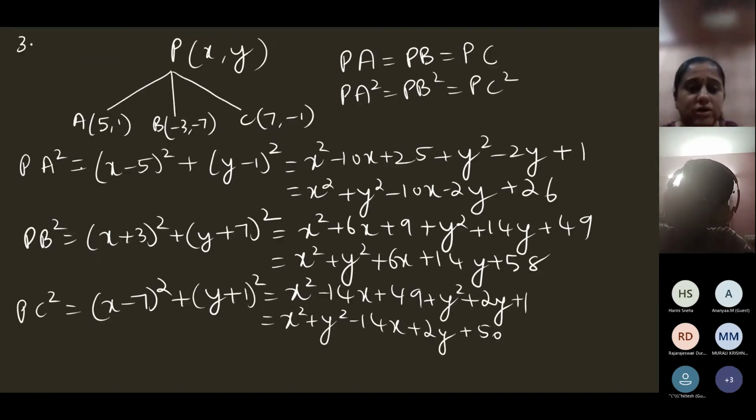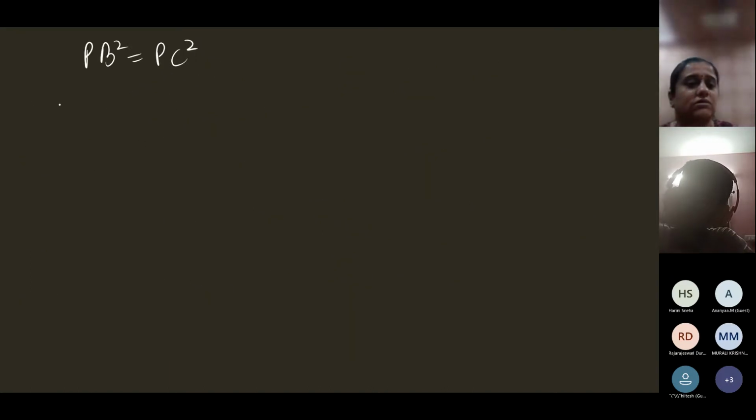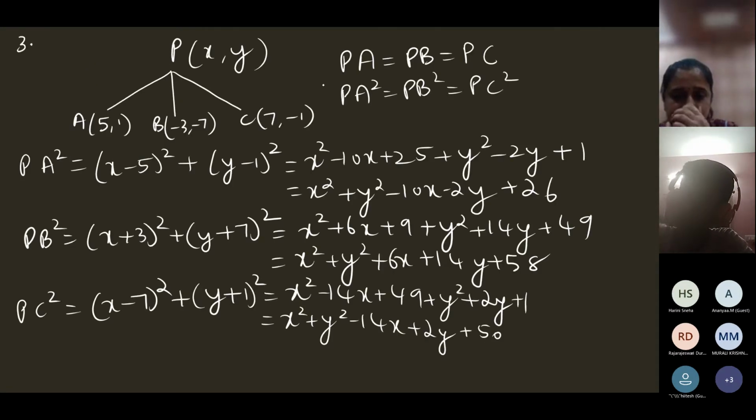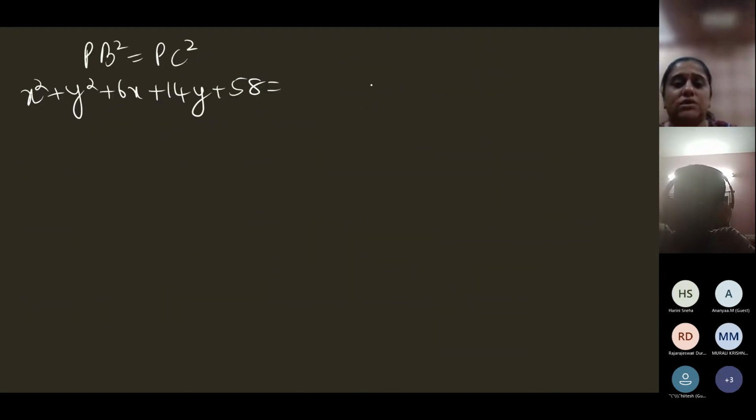PB square is equal to PC square, or PA square is equal to PC square, whatever. Now what is PB square? x square plus y square plus 6x plus 14y plus 58 is equal to x square plus y square minus 14x plus 2y plus 50.